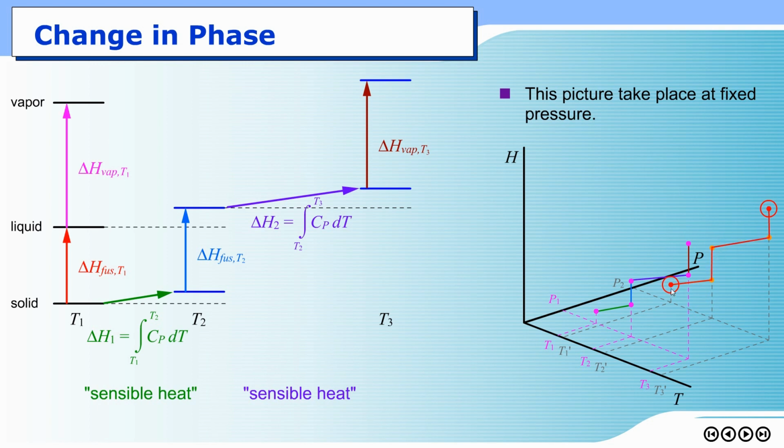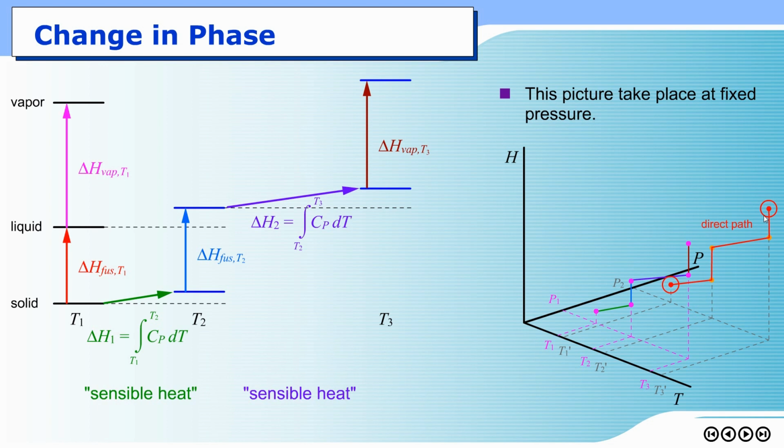If I go from the initial point, follow this straight line till I get the final state. This is the direct path, the calculation according to direct path. Okay, basically I just need sensible heat, the integration of Cp dT, plus the latent heat of fusion, plus integration of Cp dT, and plus latent heat of vaporization.